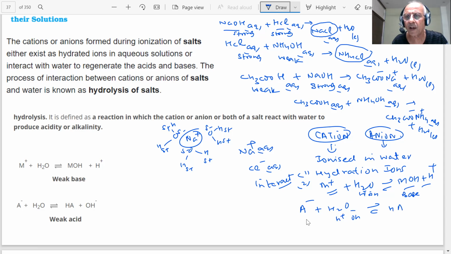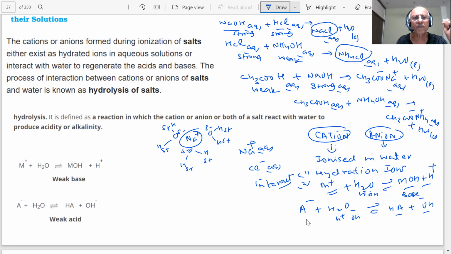What you are getting? H plus and OH minus. Do we get that? So what is happening, students? There are two possibilities. Either they get hydrated, or second, they can interact with water to regenerate the acids and bases.